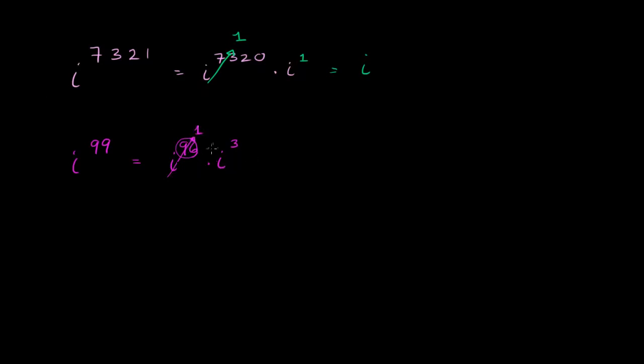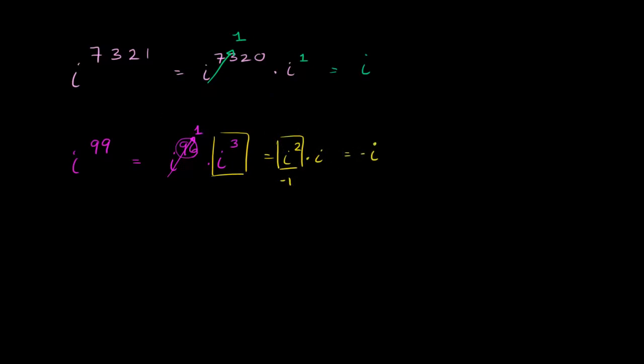And you could just remember that i to the third power is equal to negative i. Or if you forget that, you could just say, look, this is the same thing as i squared times i. i squared, by definition, is equal to negative 1. So you have negative 1 times i, which is equal to negative i.